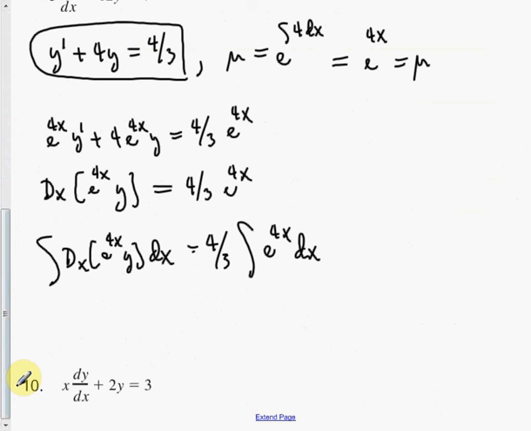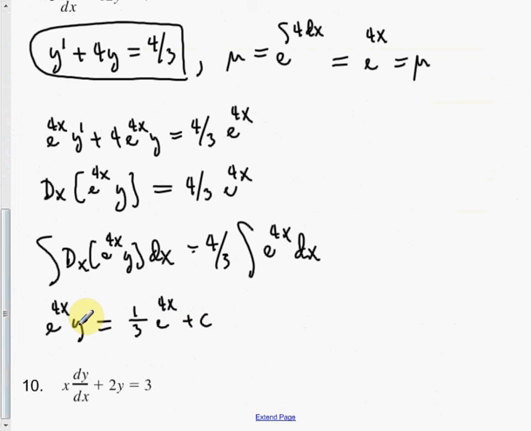So e to the 4x times y is equal to the integral of the right side. That's 4/3 out in the front automatically. For the integral of e to the 4x, I let u equal 4x, so du picks up 4 dx, so there's a 1/4 in there. So 1/4 times 4/3 is just 1/3 times e to the 4x, plus the constant.